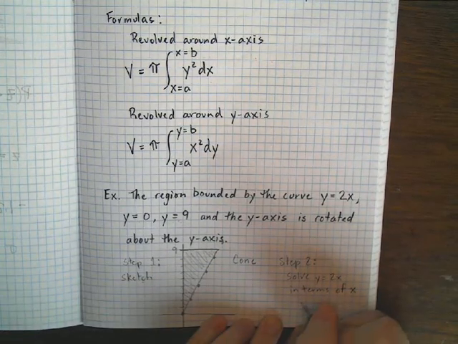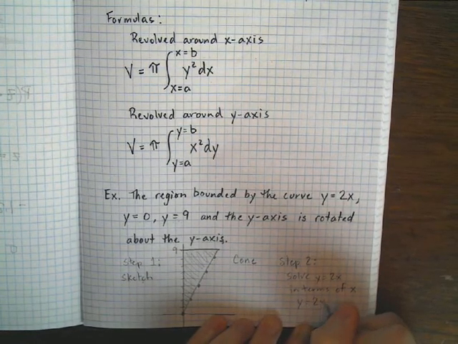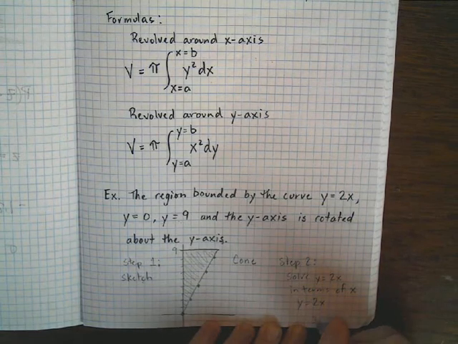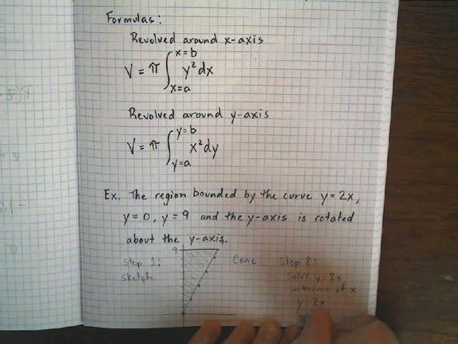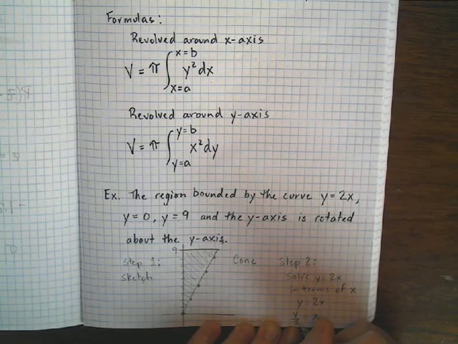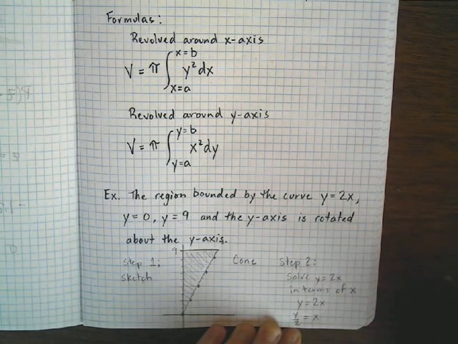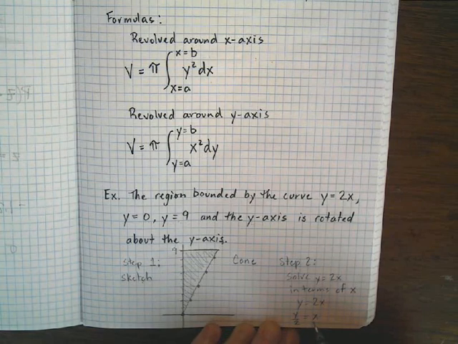Right now we have y equals 2x. I want to get the x by itself, so I'm going to divide both sides by 2. So I get x is equal to y over 2. There is our equation that is then going to go in here.